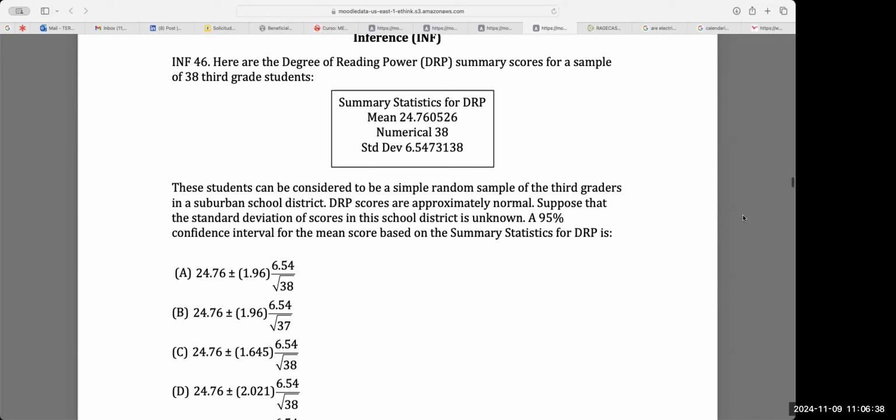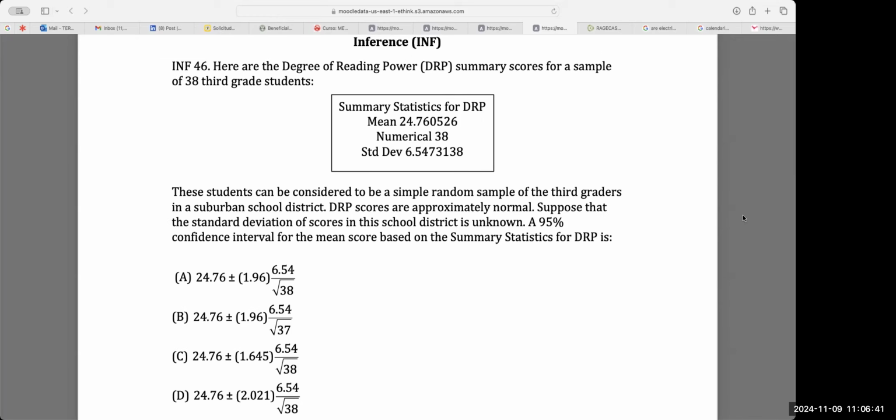Okay, so are we going to use 4, 5, or 6? Is this a question about the mean? Right.